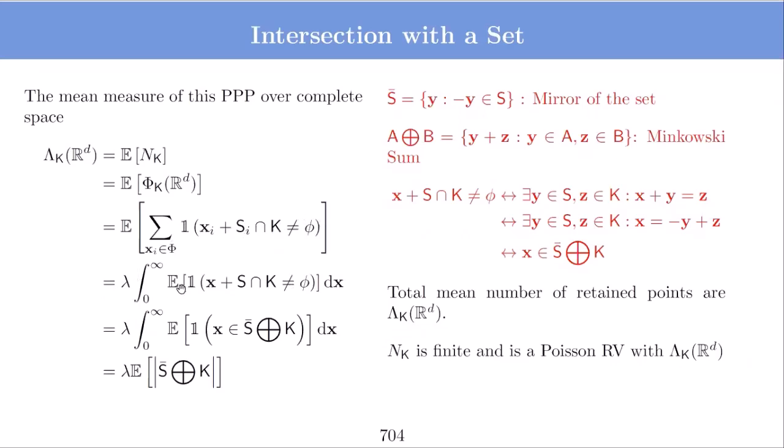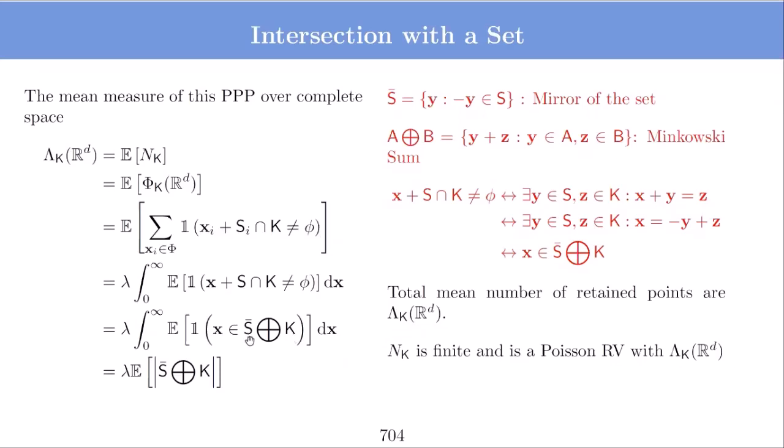So lambda times the integral of the expectation of this function, dx. My claim is that this indicator is nothing but the indicator that x belongs to the Minkowski sum of S bar and K.